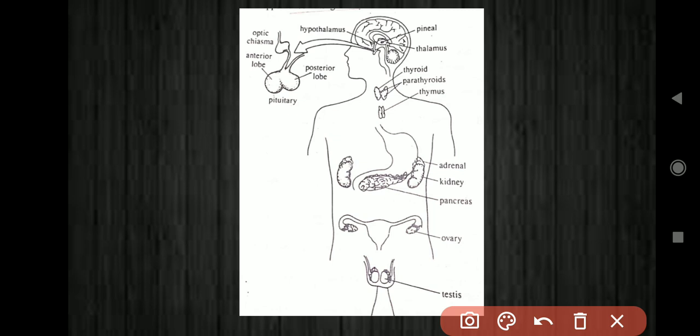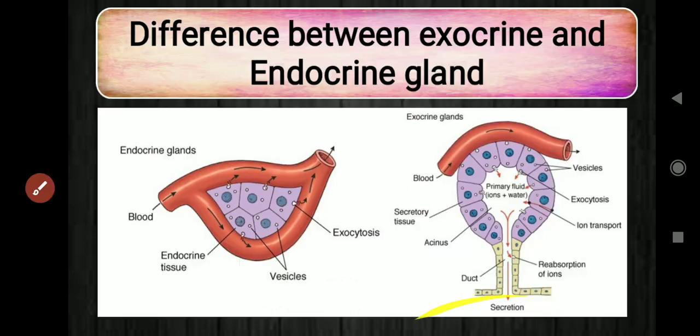So these endocrine glands and exocrine glands are very important in our body, as they maintain and regulate the different functions of our body. The basic difference between the exocrine gland and the endocrine gland is that the exocrine gland synthesizes and secretes chemical substances which are carried via a duct, and those secretions we call enzymes.